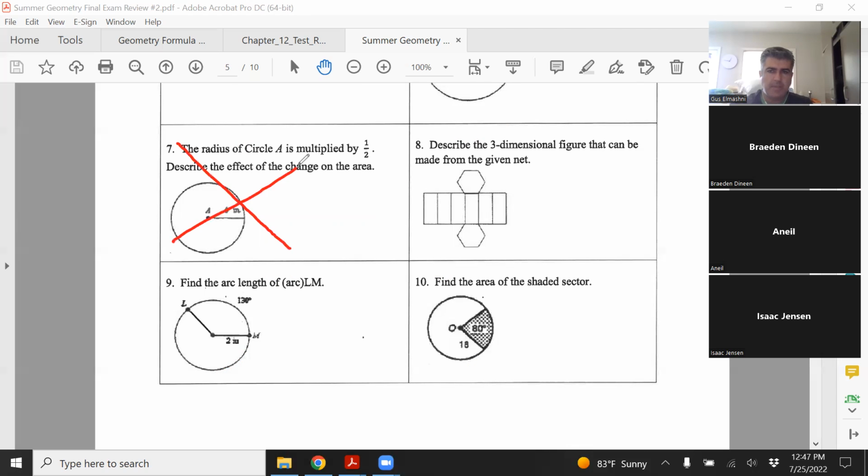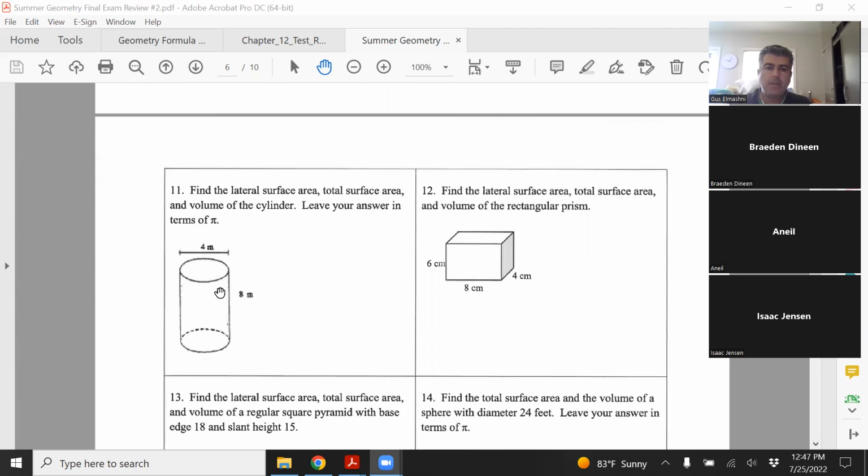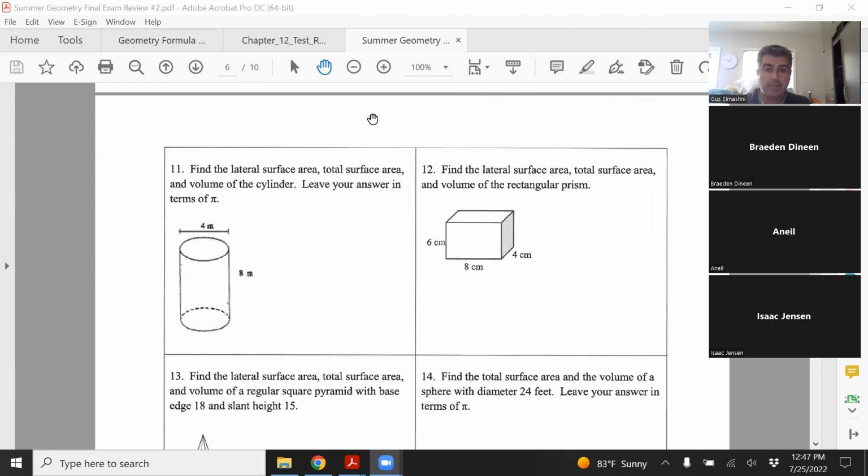Don't worry about 7, didn't really ask a problem like that, or number 8. But 9 and 10 are good ones. We just did this stuff right now.